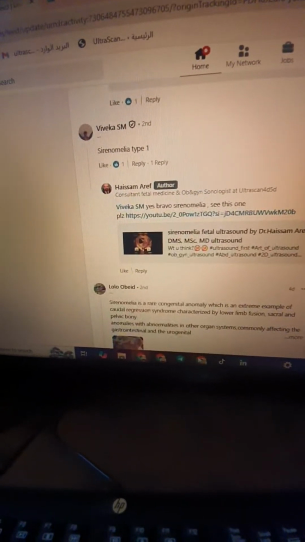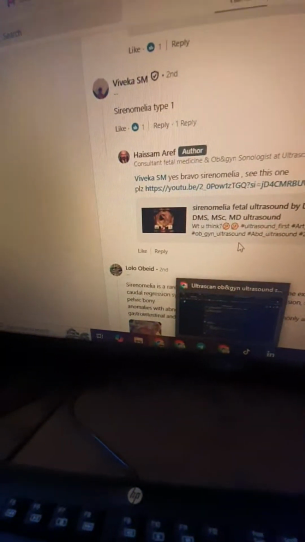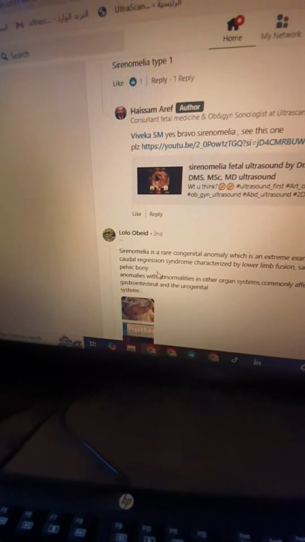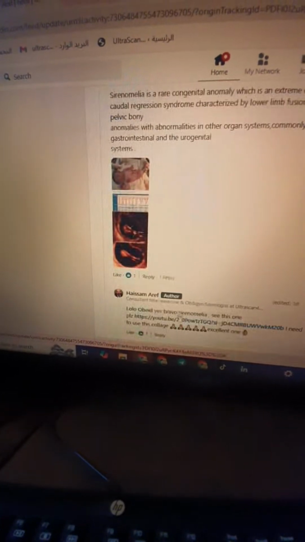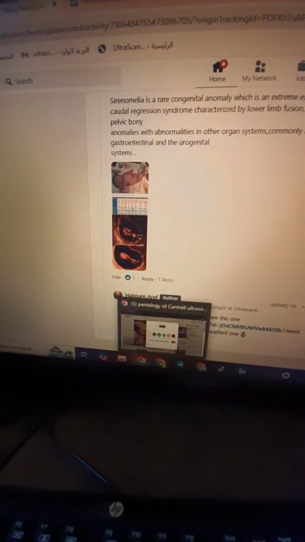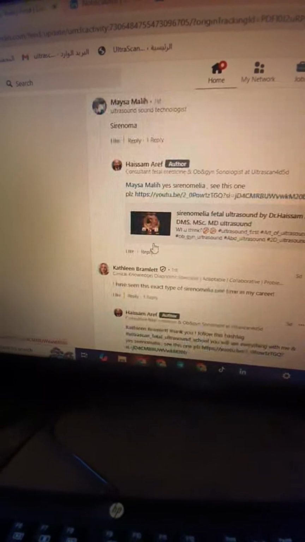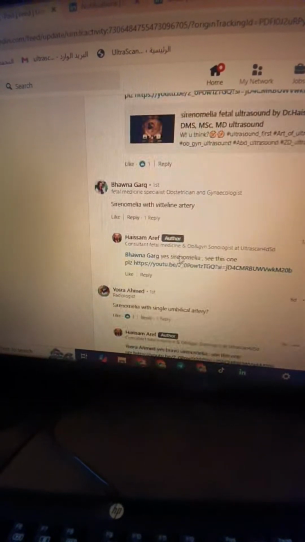depicted for us. Okay, let's go to our second case, but first we will go and change. Yes, an extreme example of the caudal regression syndrome, but we will go and write this: not single umbilical artery, here it's vitelline artery.